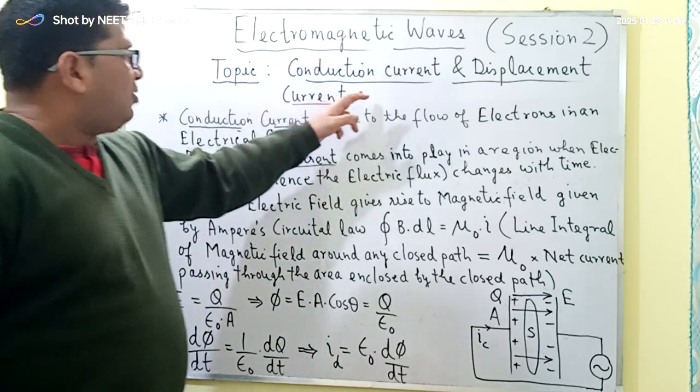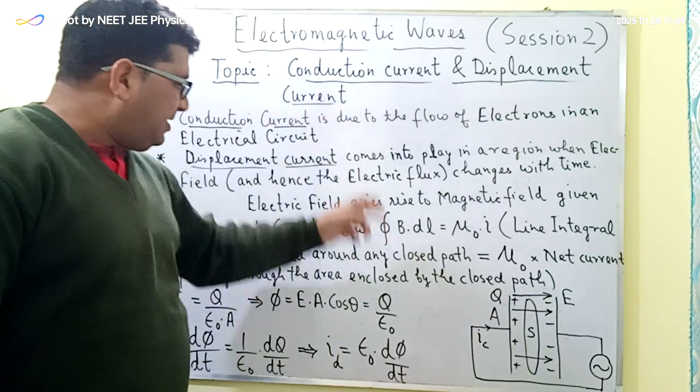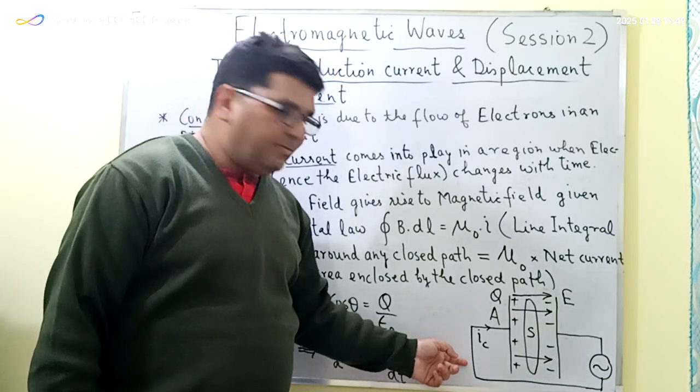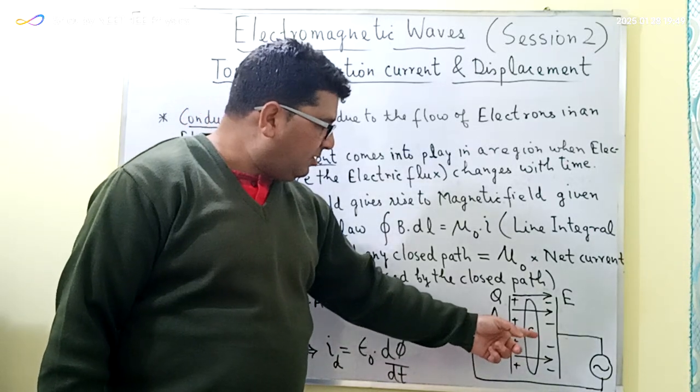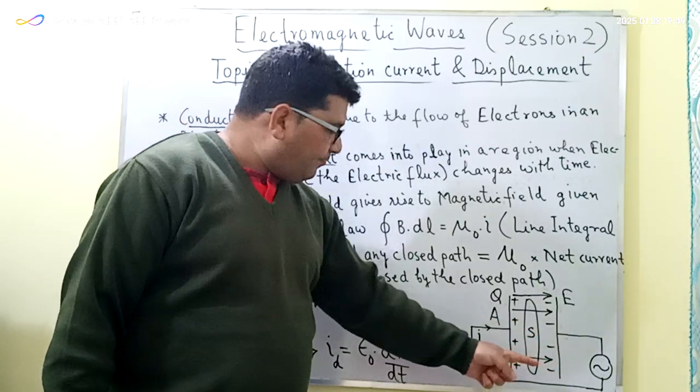So, in order to understand this topic, that is conduction current and displacement current, I have drawn here one simple diagram in which one capacitor is connected to an AC source.